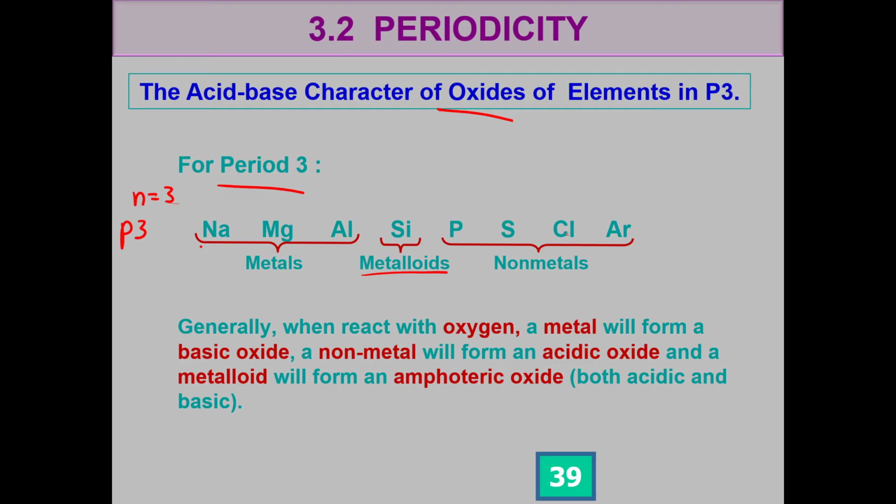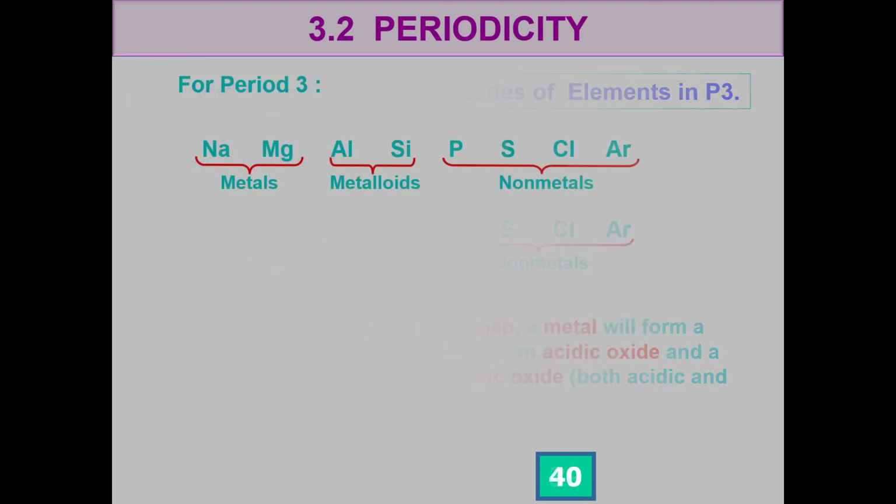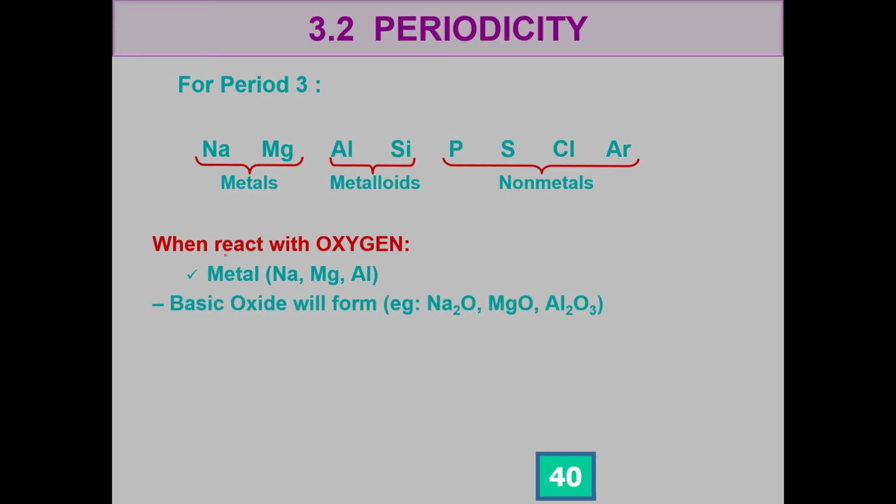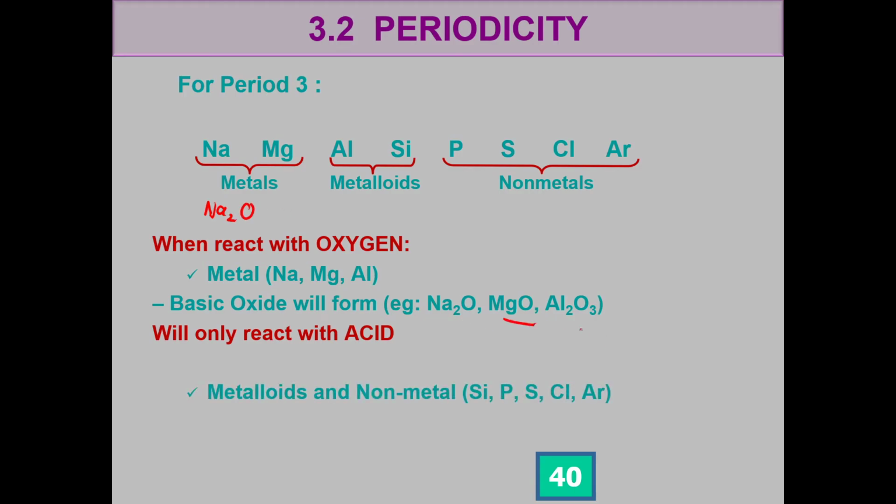Okay, this characteristic it also produce differently when kita reactkan dia dengan oksigen. Okay, untuk metals, bila kita reactkan dengan oksigen, contohnya Na2O and magnesium oxide and aluminium oxide Al2O3, it is formed as basic oxide.